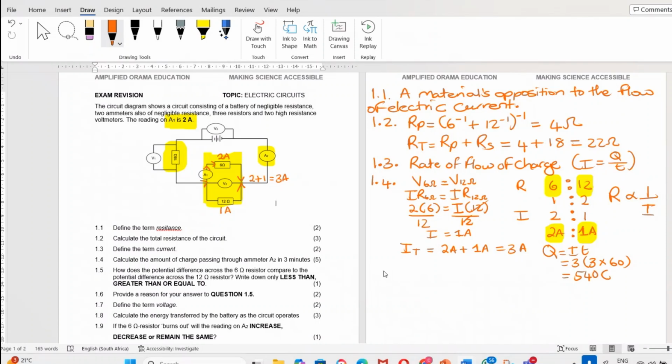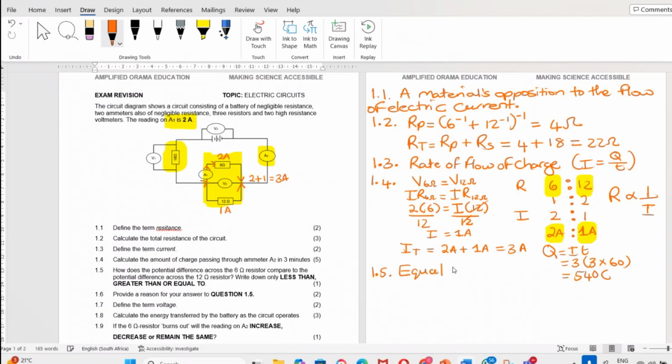Then 1.5 says, how does the potential difference across the 6 ohm resistor compare to the potential difference across the 12 ohm resistor? They would be equal.